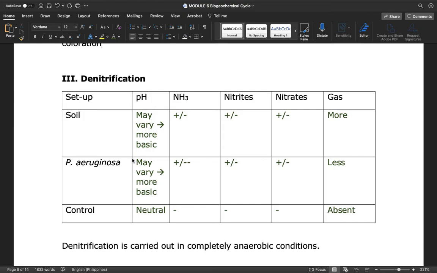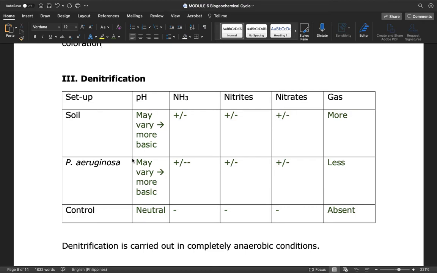They will be gone. Now, for gas production, we expect that the setup with soil has more gas than the Pseudomonas setup. Kasi, again, multiple organisms are present, or multiple species of denitrifying bacteria are present in the soil.